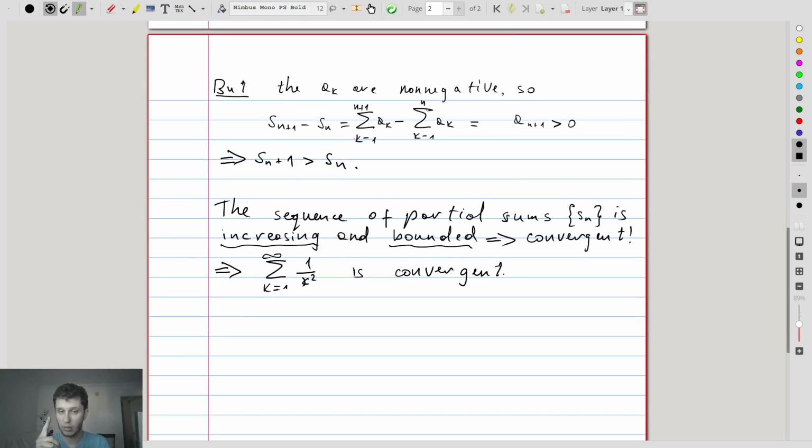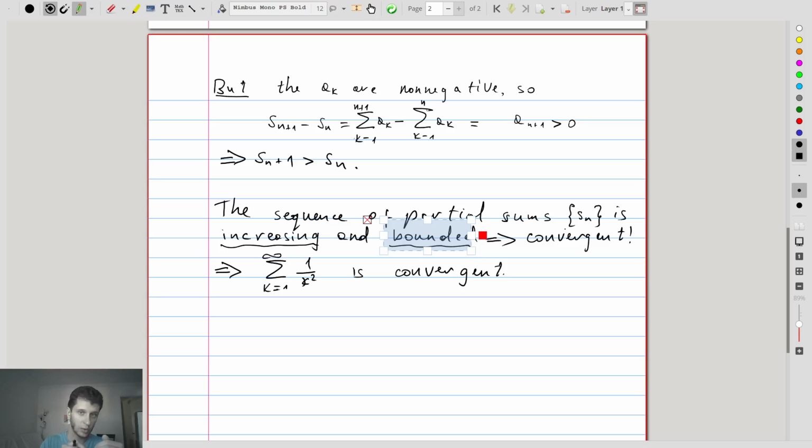So what's the moral? If you look at the sequence of partial sums, it is increasing and it is bounded, and therefore it is convergent, because we had a theorem to this effect. Remember, I told you that this would be an important theorem when you start talking about series. The theorem said if you have a monotonic sequence which is bounded, it must be convergent, right?